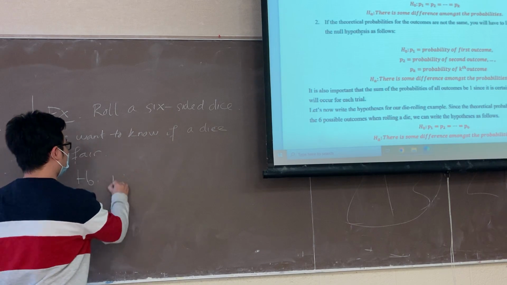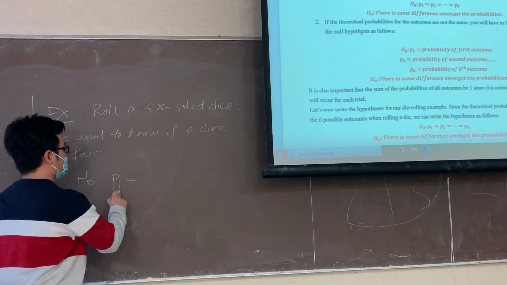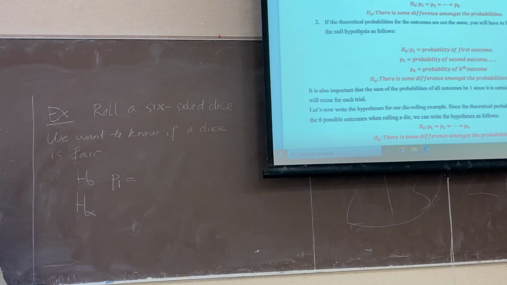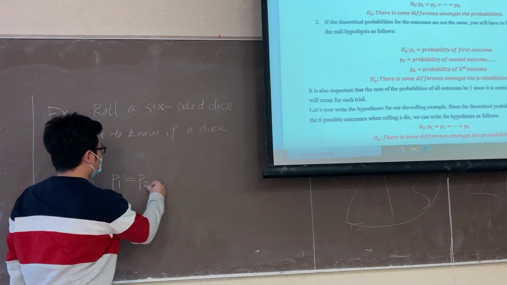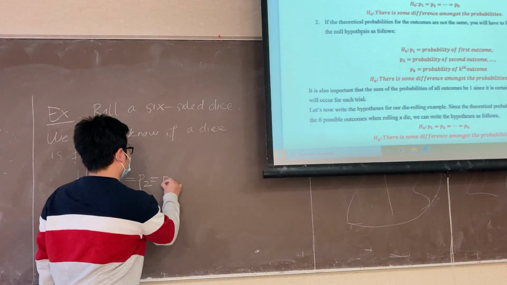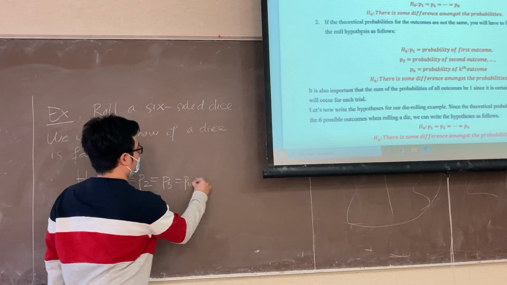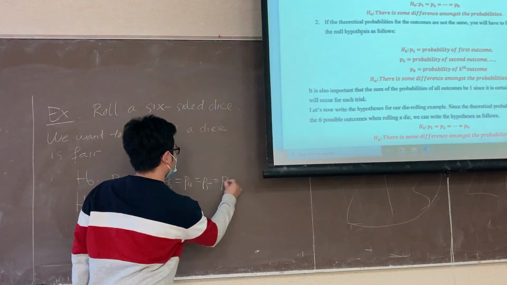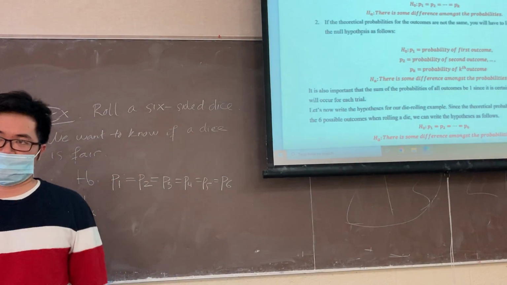That means the probabilities to get the value 1, 2, 3, 4, 5 and 6 are equal. That's the null hypothesis. I get P1, the probability to get the value 1, and P2, the probability to get the value 2, and P3, P4, P5, P6. Okay, that's the null hypothesis.